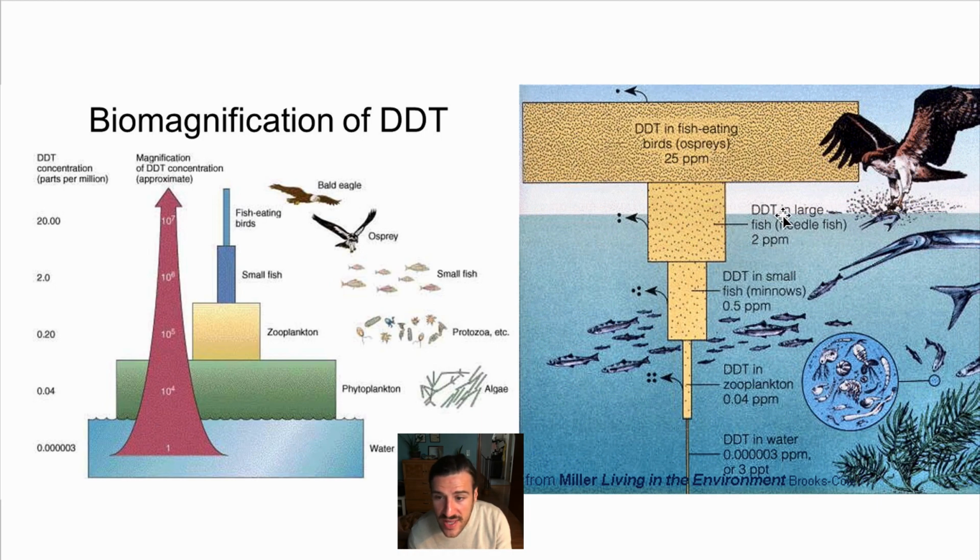Finally, you get the top predator, this osprey, these predatory birds, these tertiary predators. And they eat several fish a day, right? So they're selecting large fish that have the most DDT in the aquatic systems, and they're eating several of them a day. Remember, birds have the highest metabolism on the planet.